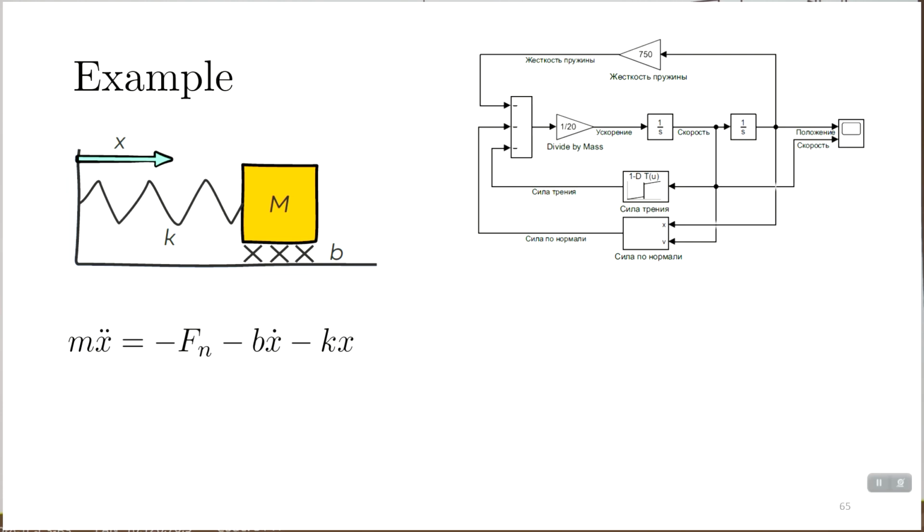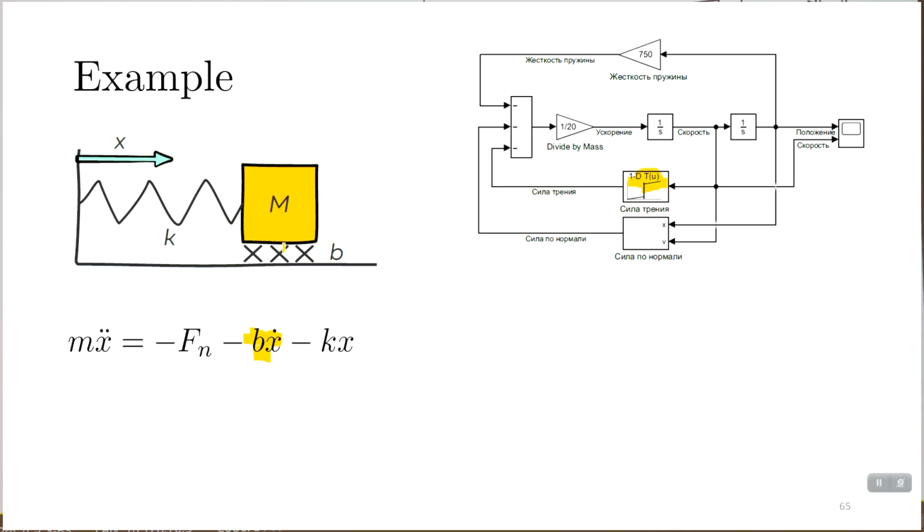And actually the slide can be misleading, because right here I wrote that it is a friction force, but right here I use a non-linear component, so I need to fix it in this slide. It will be better to understand.